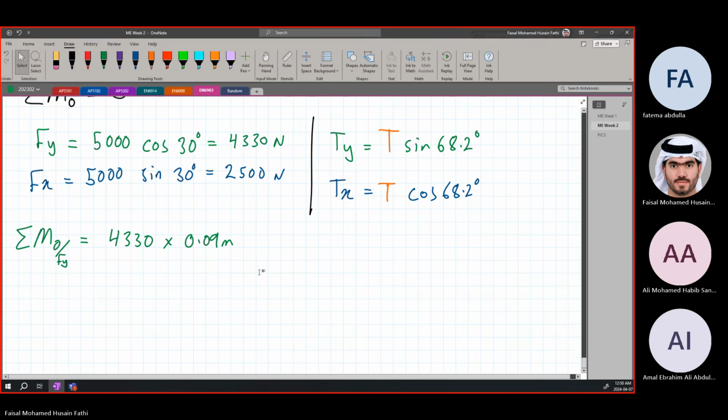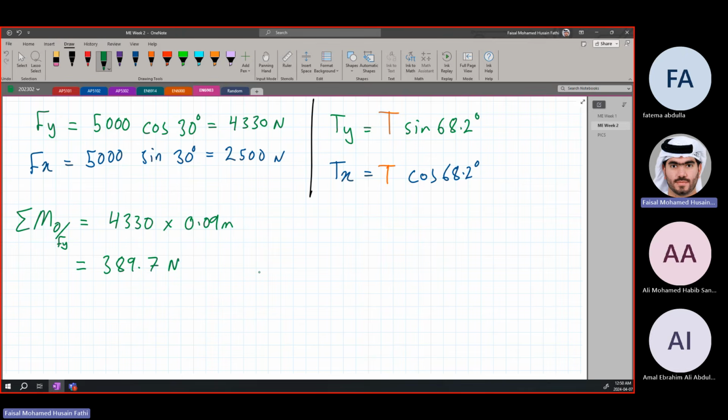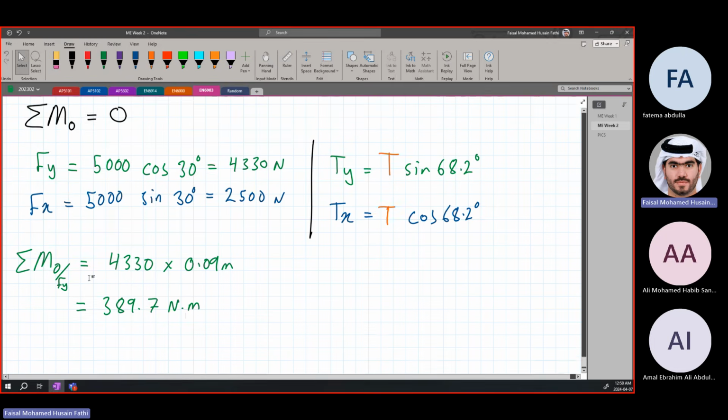So this is 4,330 times 0.09, which is 389.7 Newton meter. And now, very important, we need to know the direction of this.